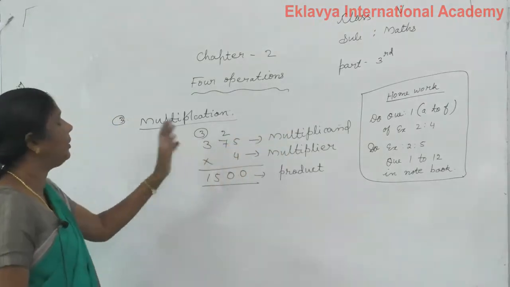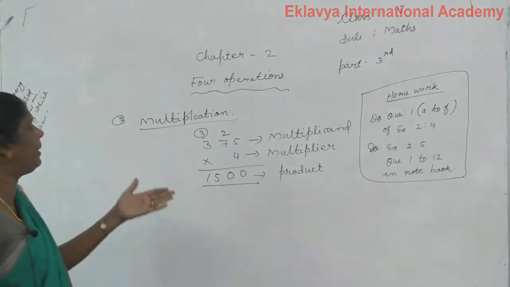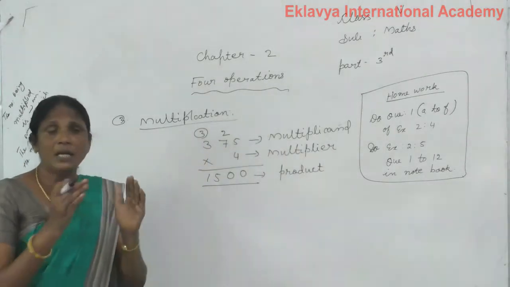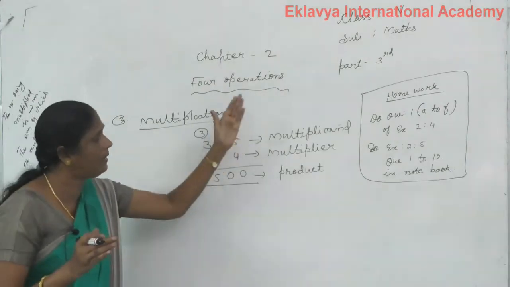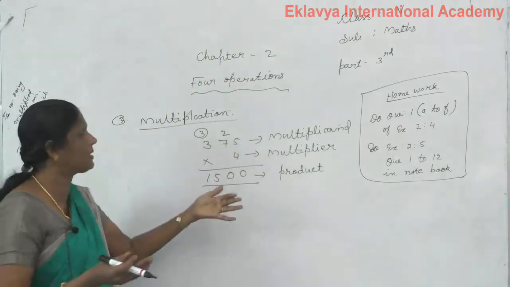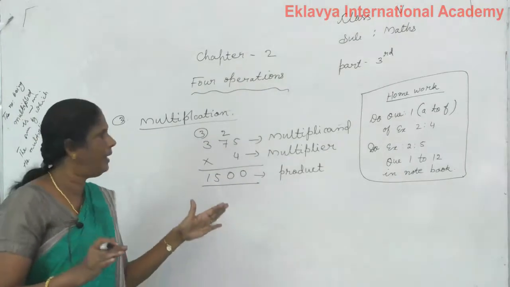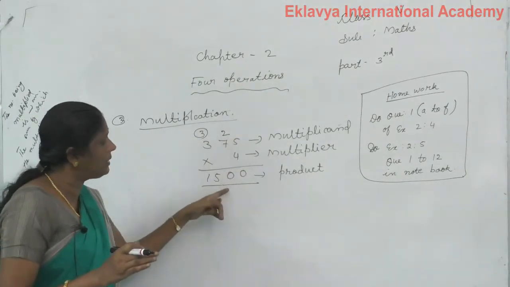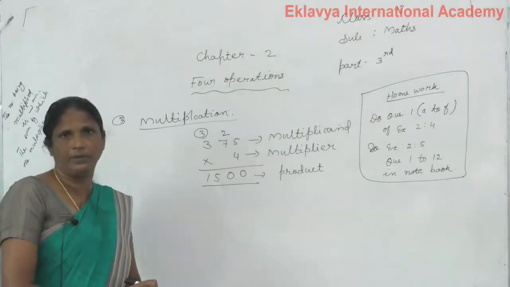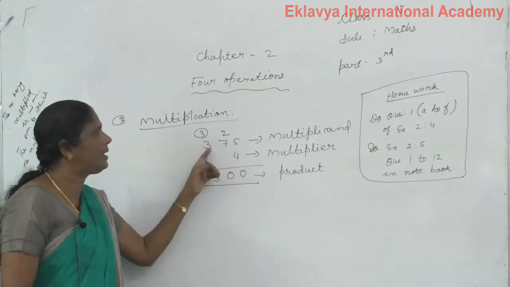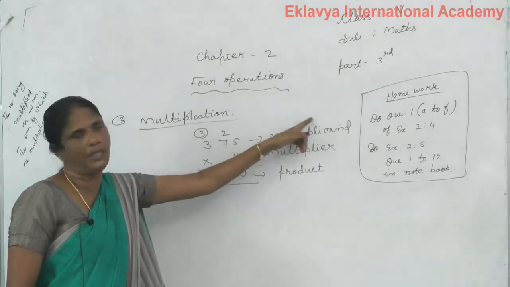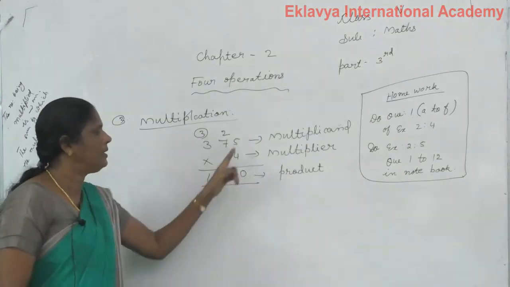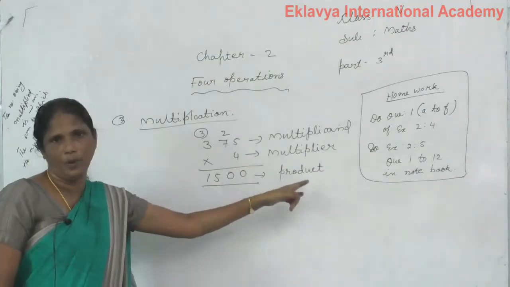The number by which we multiply the multiplicand is called multiplier. The result of the multiplicand and multiplier is called product. Understand? This 375 is multiplicand, 4 is multiplier, and this result is called product.